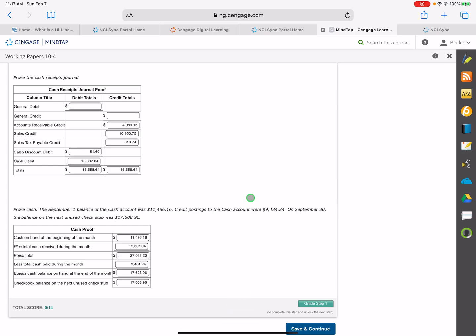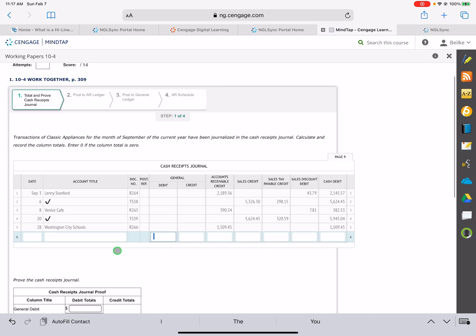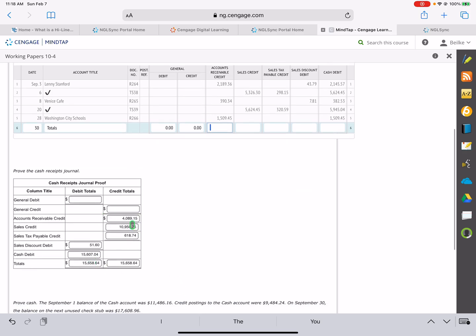Once that balance is out, we can go back up to our cash receipts journal. Normally what we end up doing is we put the date, the 30th. We write the word totals. 0, I'm not sure you have to put those in there, but 0. Accounts receivable credit, we would write the numbers that we came up with down here.